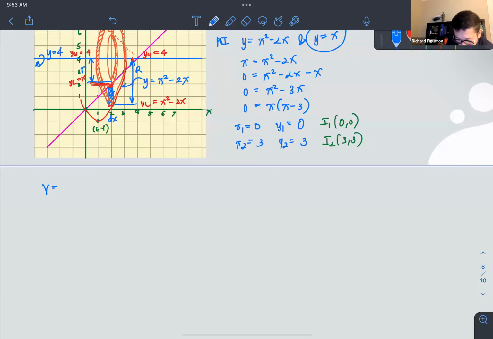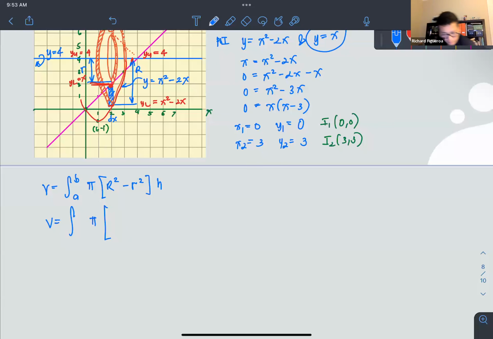So volume would be from A to B. So pi, r squared minus r squared, and then times height. So pi, ito, y upper minus y lower.